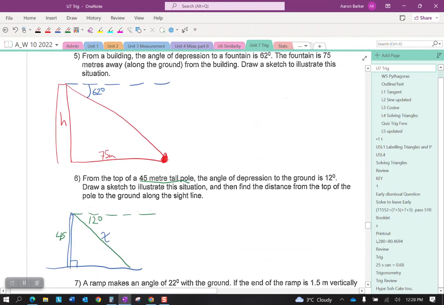Okay, and there's 6. It's a pole straight up and down like a power pole. There's 12 degrees in X. Any questions?